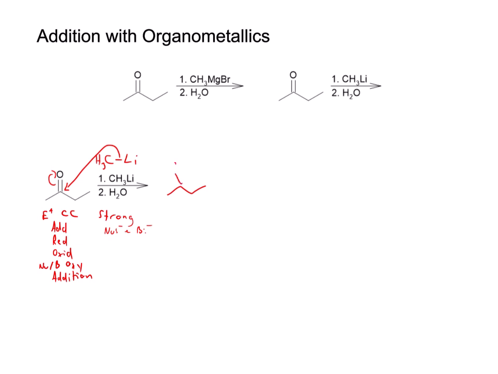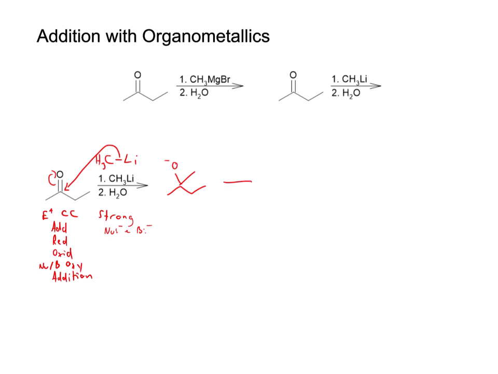So what happened here is we broke the bond between the carbon and the lithium. That's what drawing that arrow meant. And because the carbon is where we had the electron density closer to, we just added that CH3 group to that carbonyl carbon position.